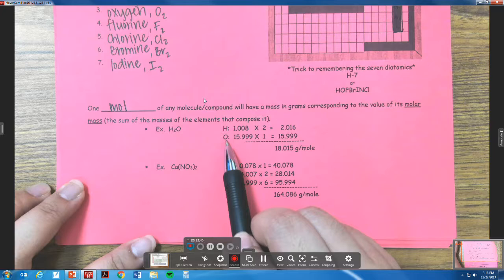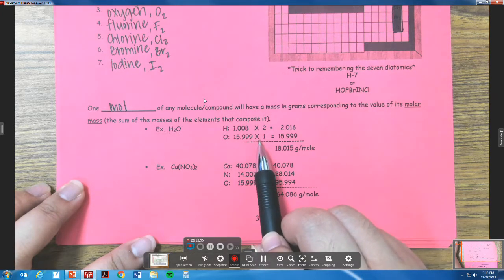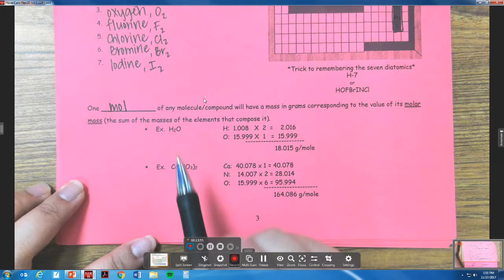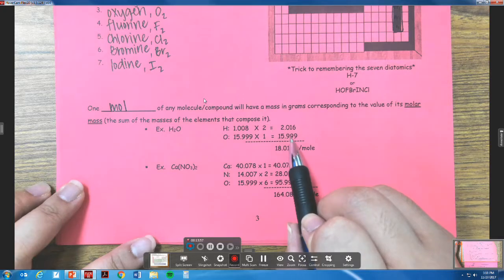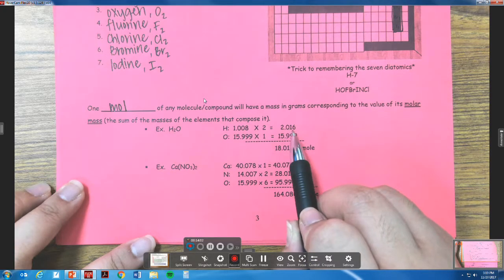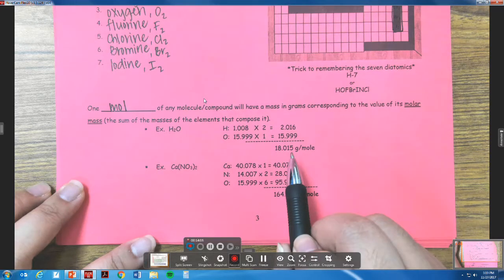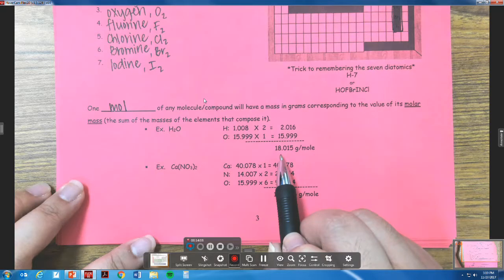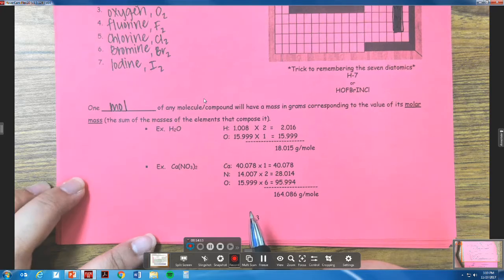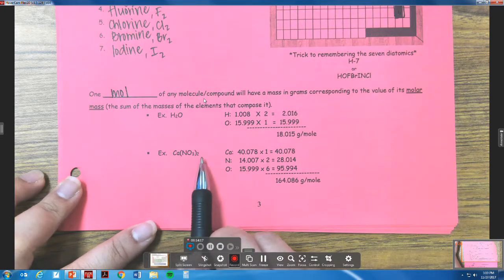Now for oxygen, oxygen's atomic mass is 15.999, and we're going to multiply that by 1 because we only have 1 oxygen. So when we add those up, 15.999 plus 2.016, our total molar mass is going to be 18.015 grams per mole.